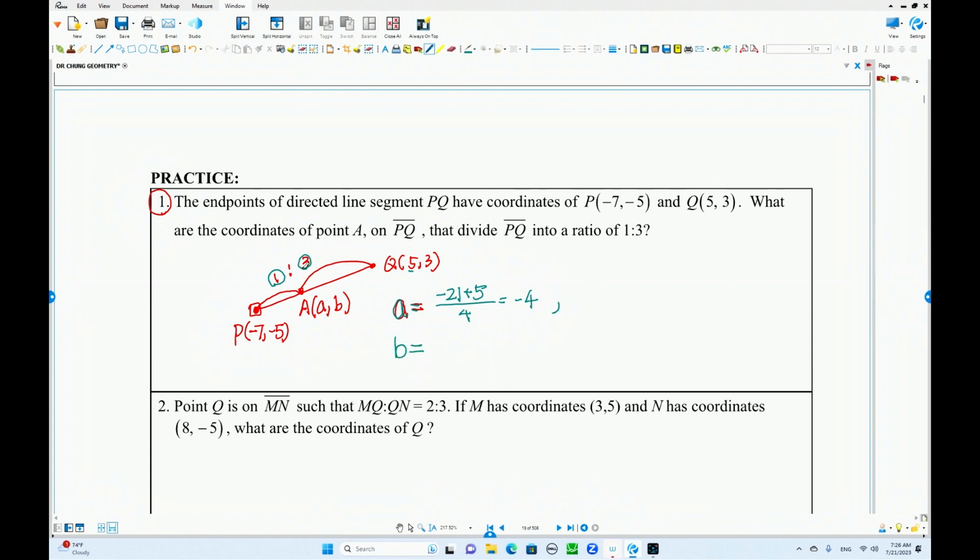B equals same thing. Y coordinate this time. 3 times negative 5 is negative 15 plus 1 times 3 is what? 3 over same sum of unit is 4, right? The ratio unit is always 4. Okay, that equals negative 12 over 4, which is negative 3, okay? So this coordinate point A will be negative 4 and negative 3.